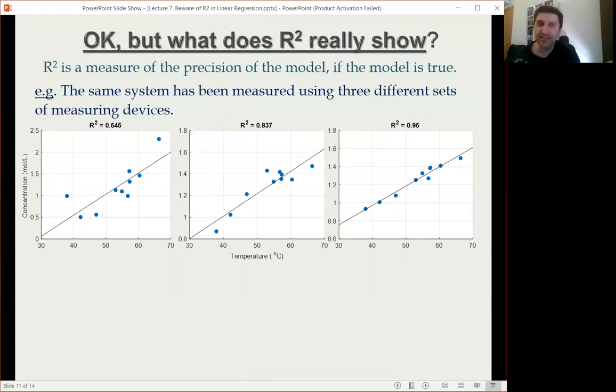So in the same reactor, the same relation should be valid, assuming steady state conditions. So the same relation between concentration and temperature will be maintained for these three different experiments.